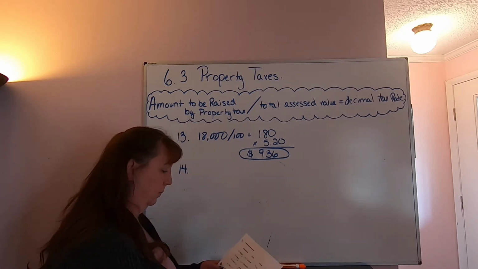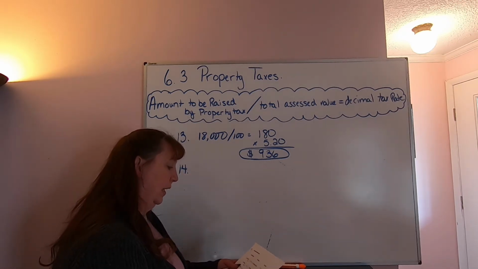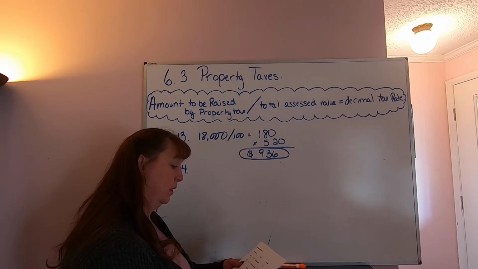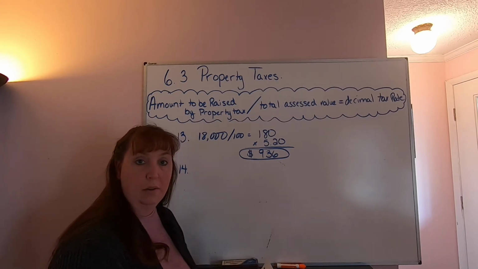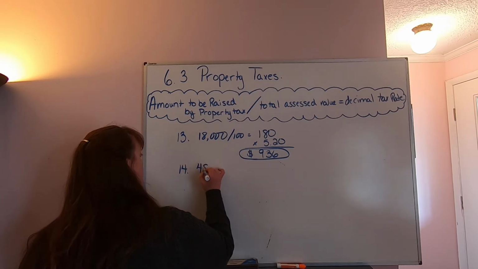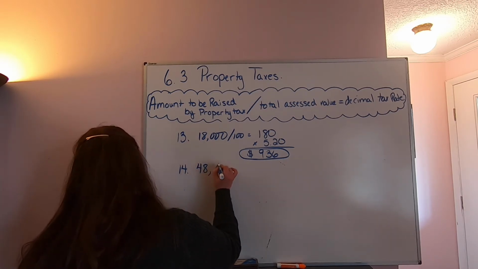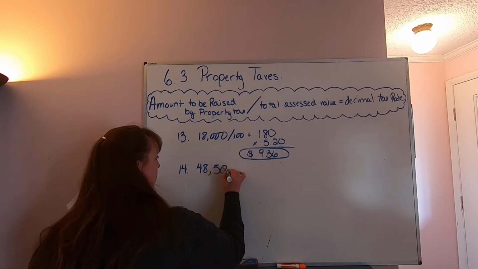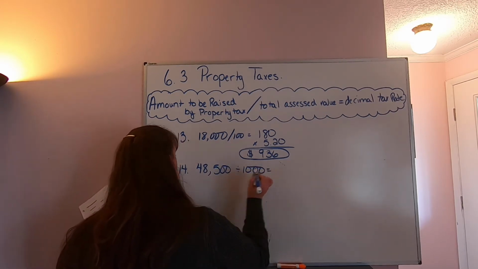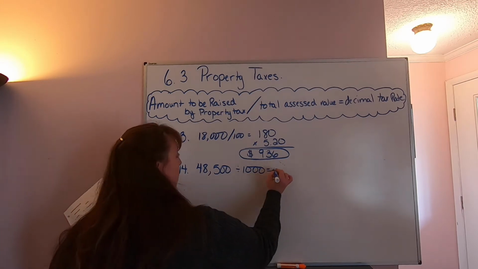Question 14. Moving right along. We have 48,500, and it's $71.10 per 1,000. So we need to figure out how many thousands are in 48,500. We're going to divide it by 1,000. You get 48.5.